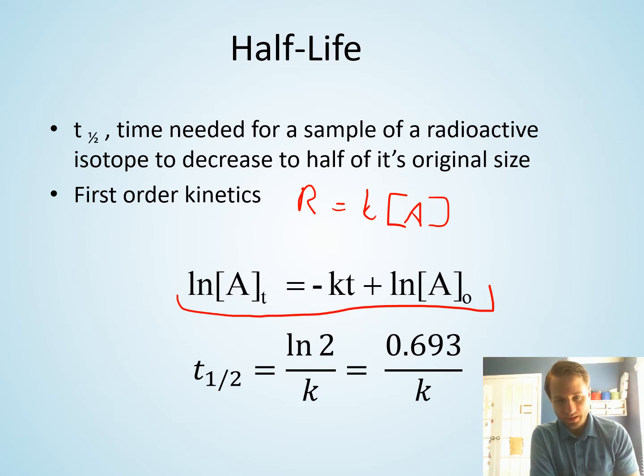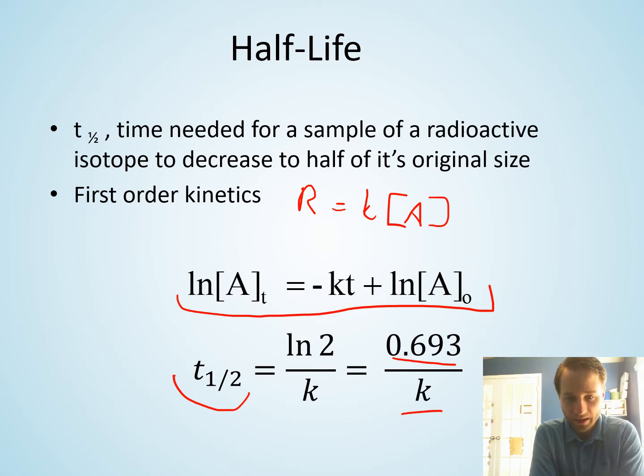And that means the half-life for any type of nuclear reaction is given by this equation right here, which is essentially 0.693 divided by k, your rate constant.